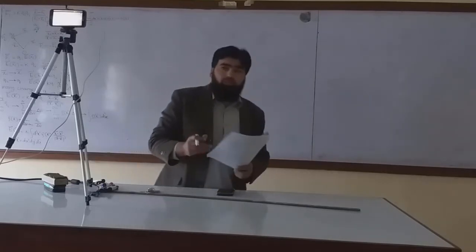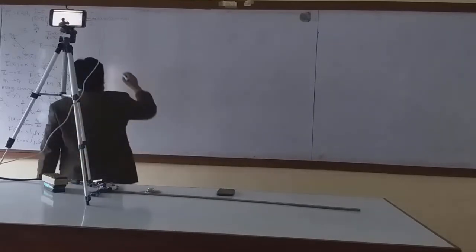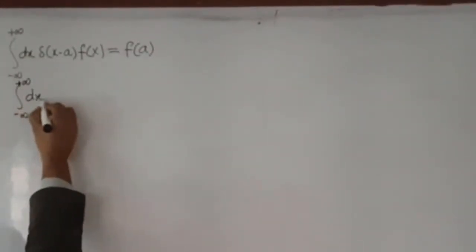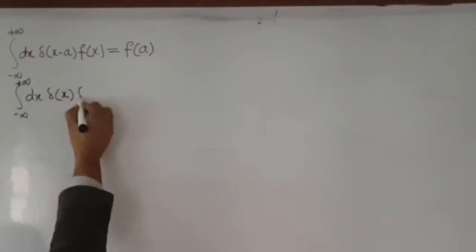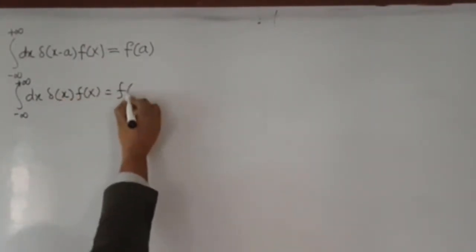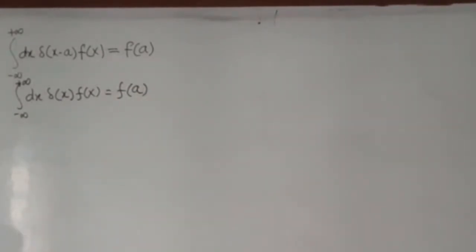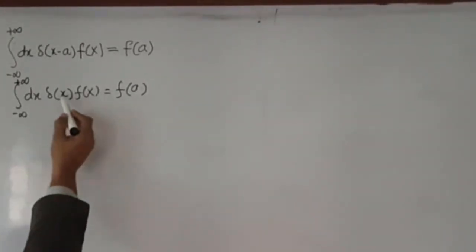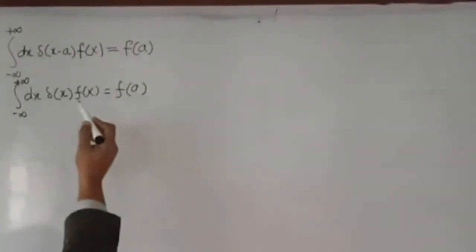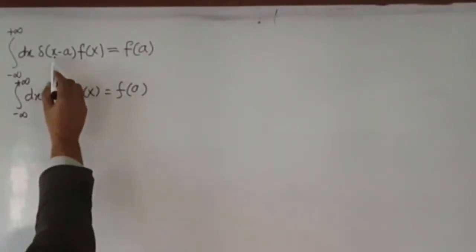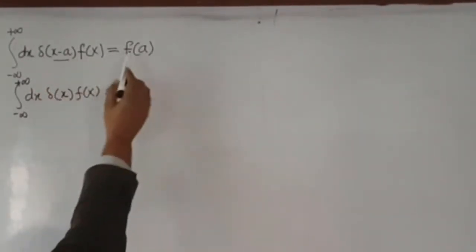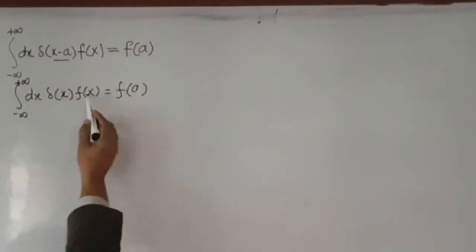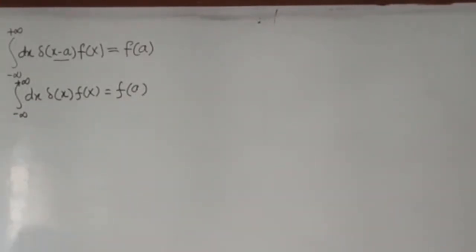From the first chapter of Griffiths, the integral from minus infinity to plus infinity of dx delta of x times f of x will be equal to f of 0, because here the domain is x equal to 0. For the other, the domain x equal to a gives f of a. Here x is equal to 0, so f of 0, right?